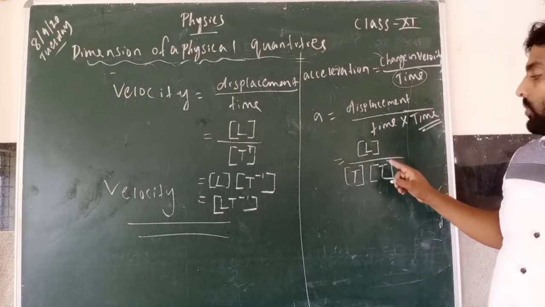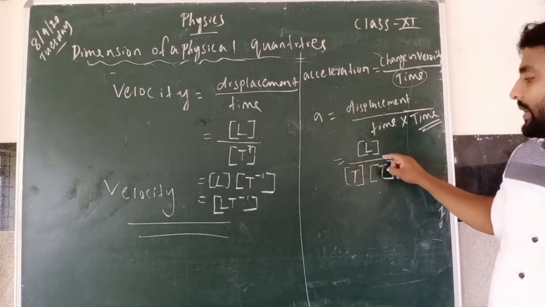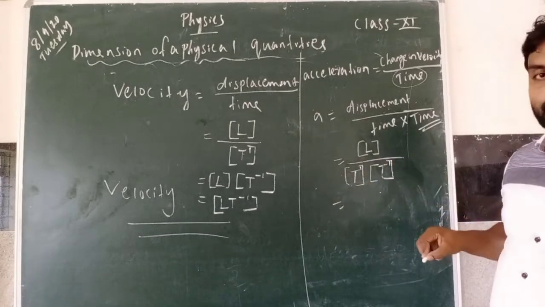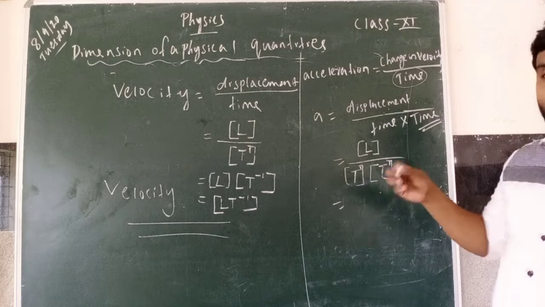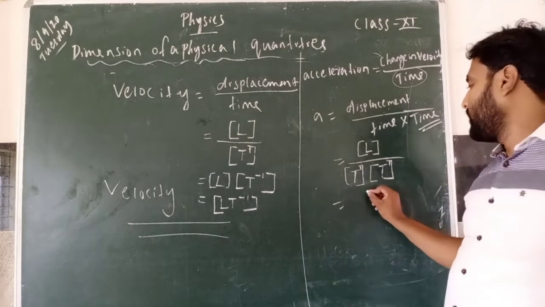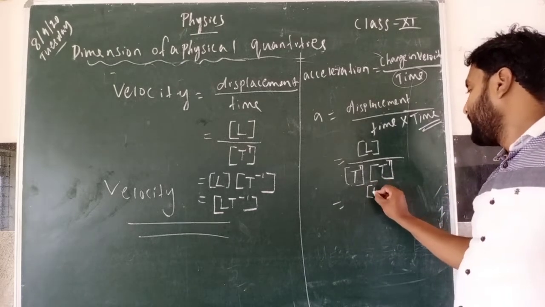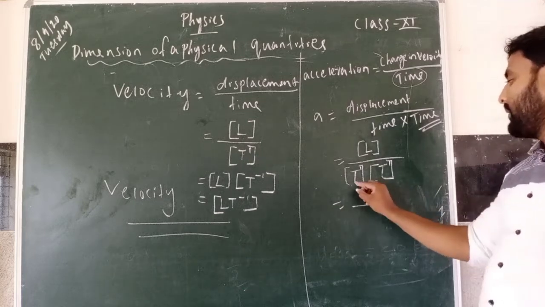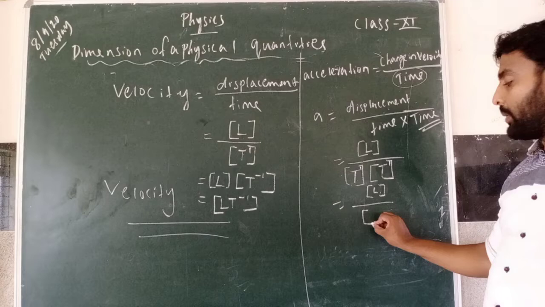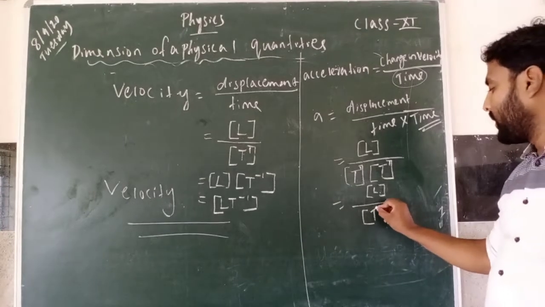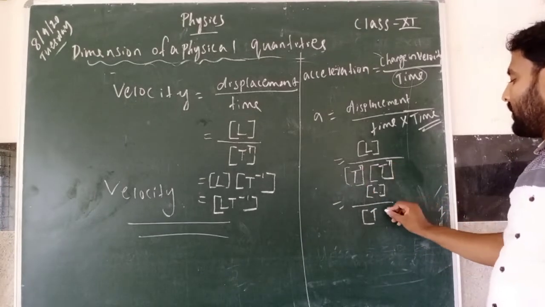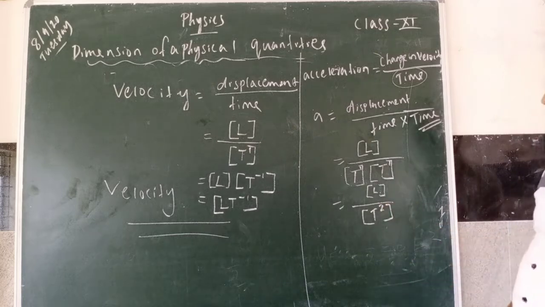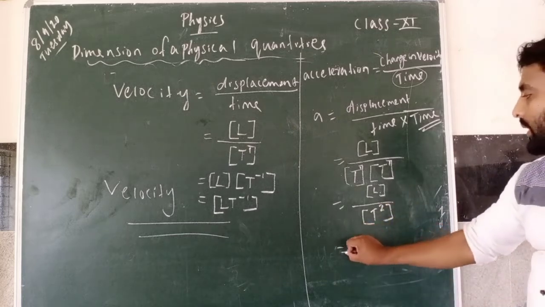So now what you can do? Take this T here, T power 1 is there. T power 1 plus 1, 2. So L divided by T square, in one square bracket.